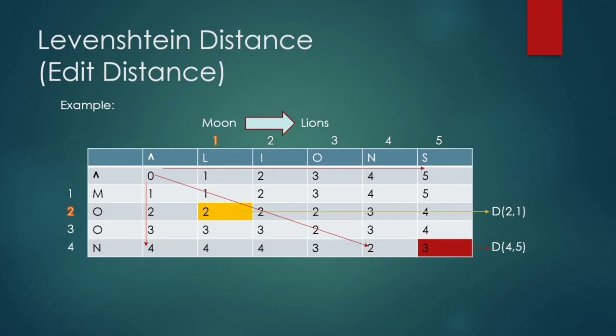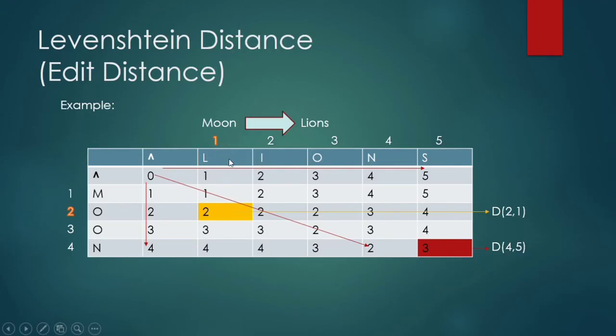Lambda here denotes an empty string. For transformation of an empty string, I need to do insertion. So it costs 1 because we inserted L. From empty string to Li, it costs 2 because 2 insertions happened, and so on.